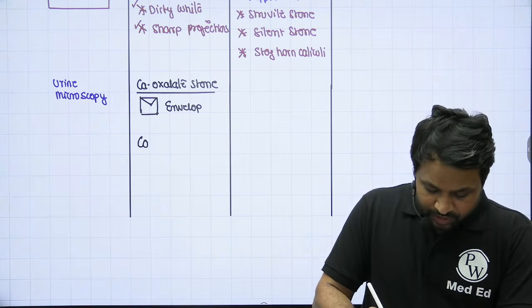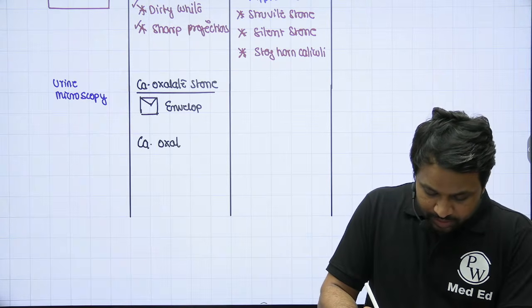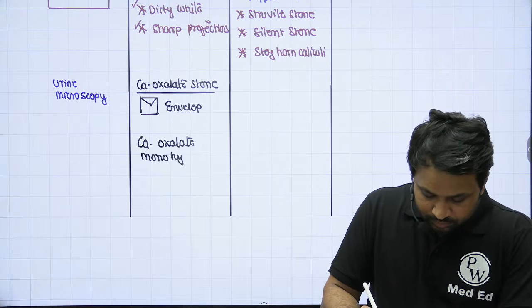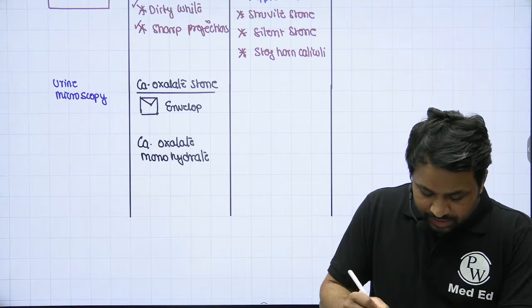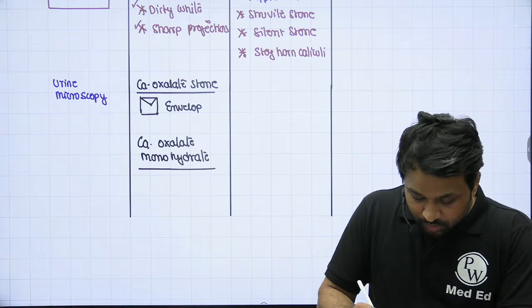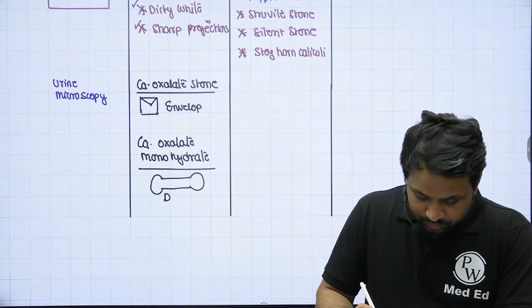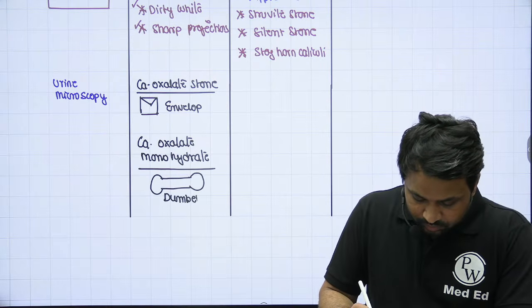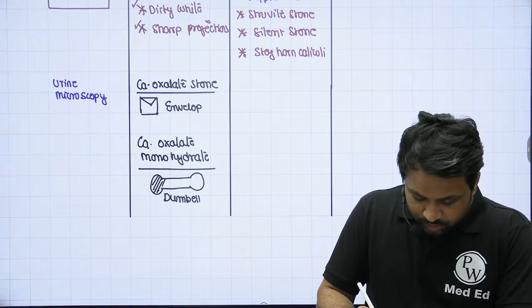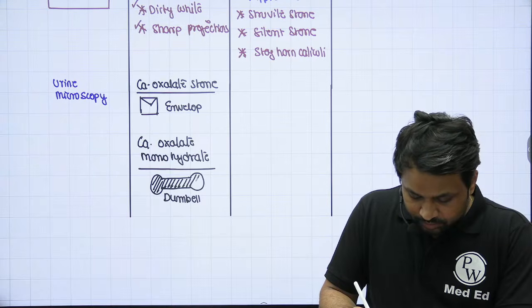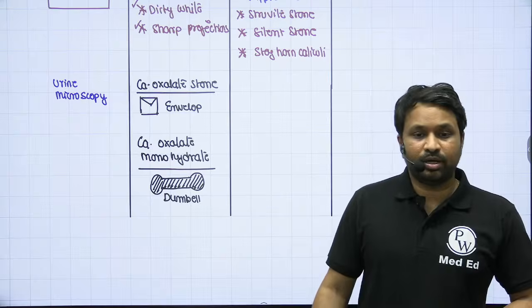Another variant of this is calcium oxalate monohydrate. If there is calcium oxalate monohydrate, then this is going to be a dumbbell shaped crystal.